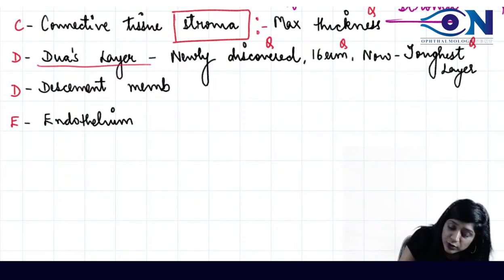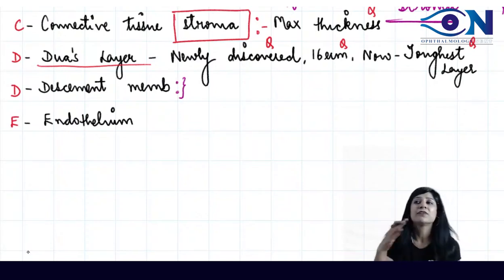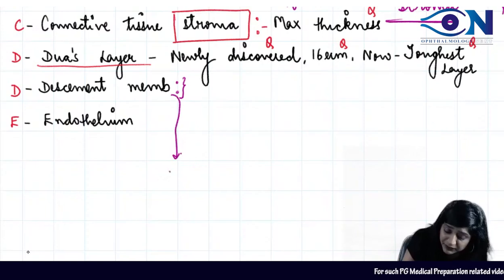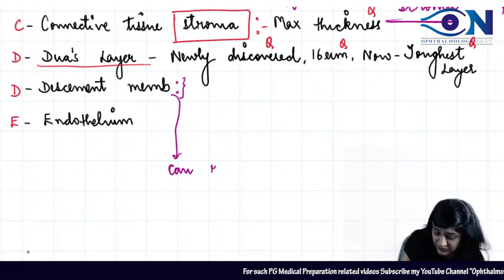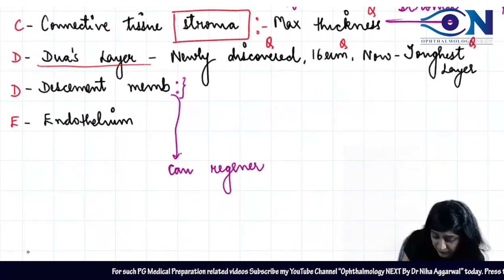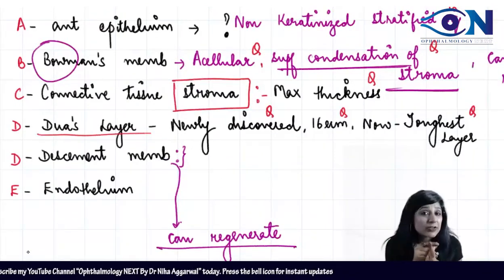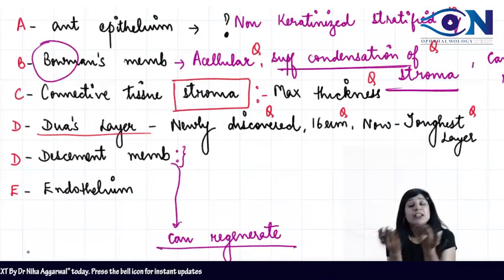Now, the Descemet's membrane is very, very important. Why? Because Descemet's membrane is a membrane which can regenerate. Then we have Bowman's, which is acellular, has no cells, therefore it cannot regenerate.